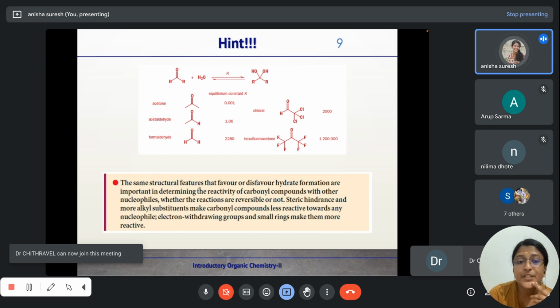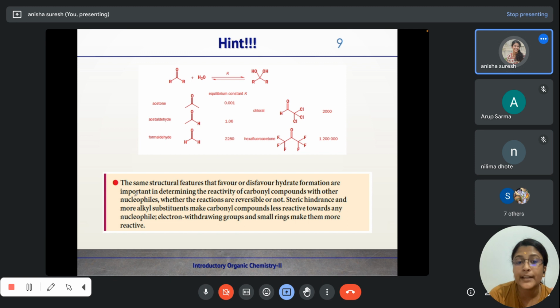So the same structural features that favor or disfavor hydrate formation are important in determining the reactivity of carbonyl compounds with other nucleophiles, whether the reactions are reversible or not. Steric hindrance and more alkyl substituents make carbonyl compounds less reactive towards any nucleophile.